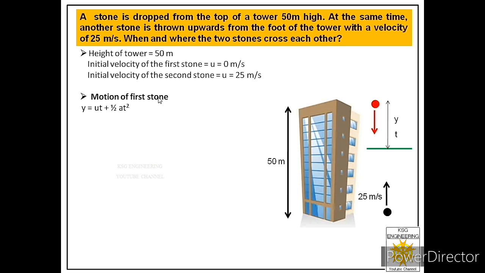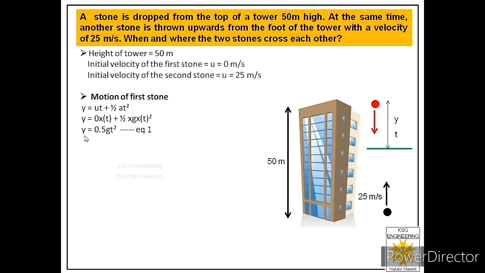So we will consider g positive and t is the time taken by the stone to cover this distance. So let us put these values in this equation. y equal to 0 into t plus half into g into t square. So we have taken g positive. So from here we will get y is equal to 0.5 gt square.